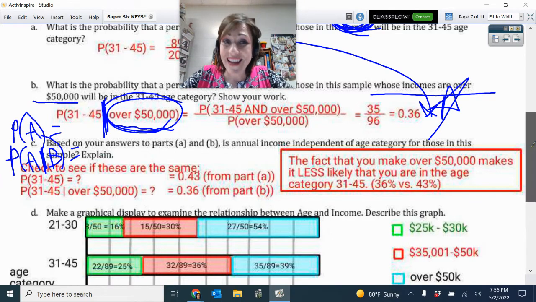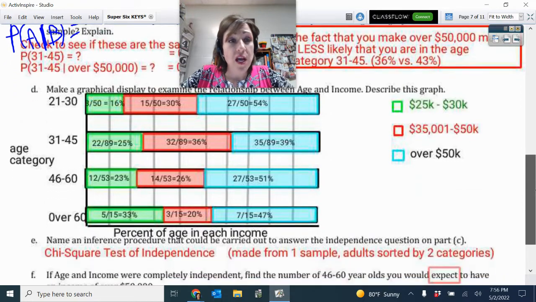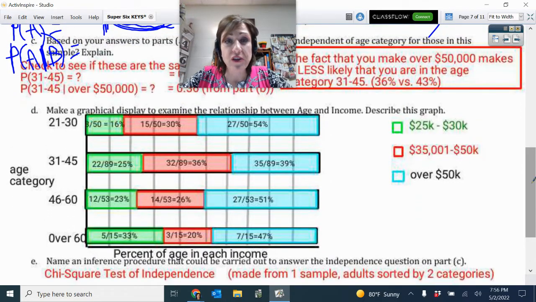All right, next you're asked to graph. Make a graphical display. So I need to make a graphical display that's categorical. Okay, and so that means it's a bar chart. That's a categorical pie chart. But with a pie chart, I wouldn't be able to display multiple age categories. I would just be able to do one age category.